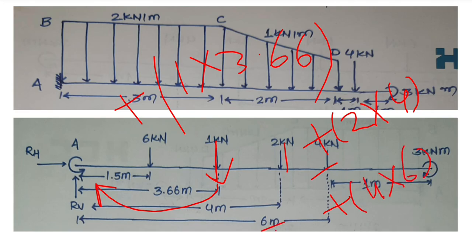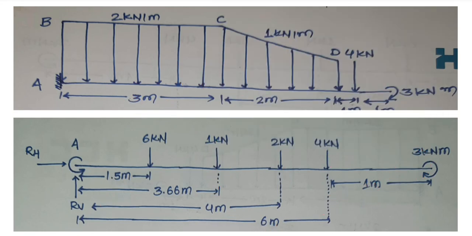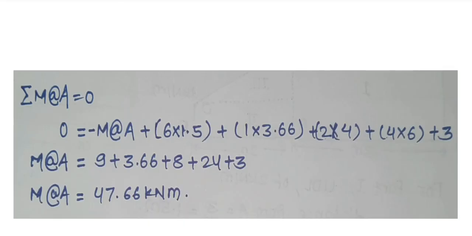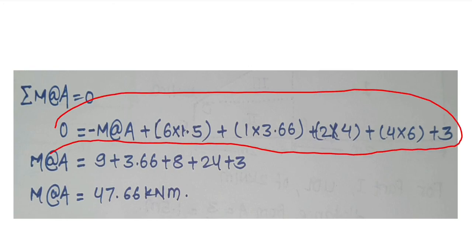Six meter is the distance. And at last this 3 kilonewton meter is clockwise, so it will be positive, plus 3. Summarizing all of this and solving, we get the moment at point A equal to 47.66 kilonewton meter.